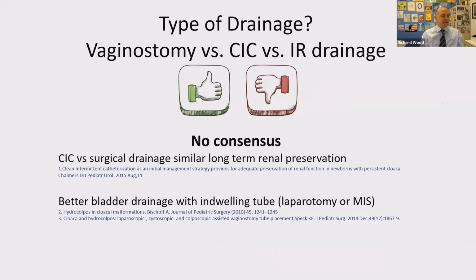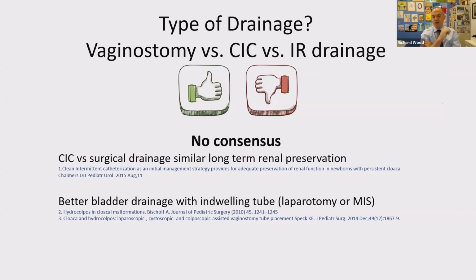So the reality is, in the literature, there's no real evidence to suggest the advantage of one over the other, but it is definitely less invasive to do intermittent catheterization of the perineum. You're not doing an extra procedure, and you do get complications from doing vaginostomies.